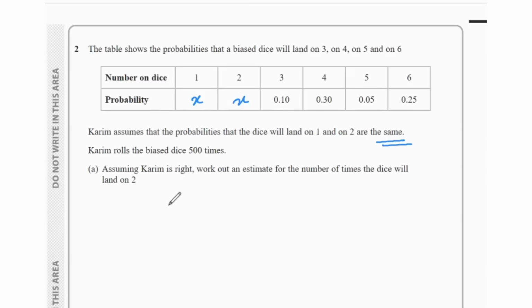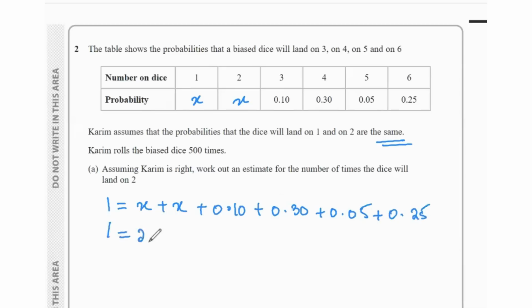So once we have assumed that the probability for getting a 1 and a 2 is X, the next thing you need to remember is that the sum of all of the separate probabilities of the dice will equal 1, which means 1 equals X plus X plus 0.10 plus 0.30 plus 0.05 plus 0.25.